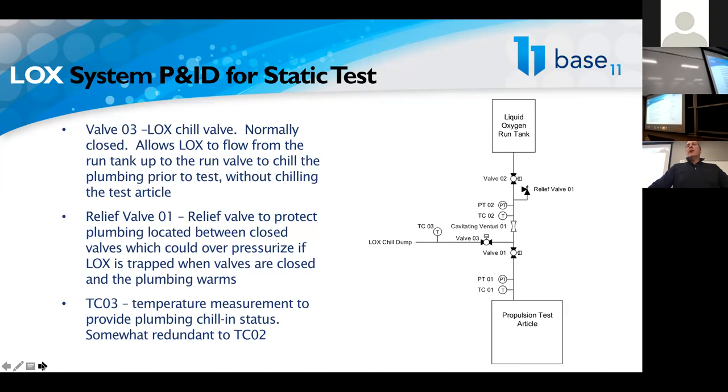So in the way this system is laid out, you'll notice the Venturi is upstream of the run valve, the fire valve. So the system will be completely wetted with propellant all the way to the run valve. Water hammer happens when you bring the fluid to a stop.